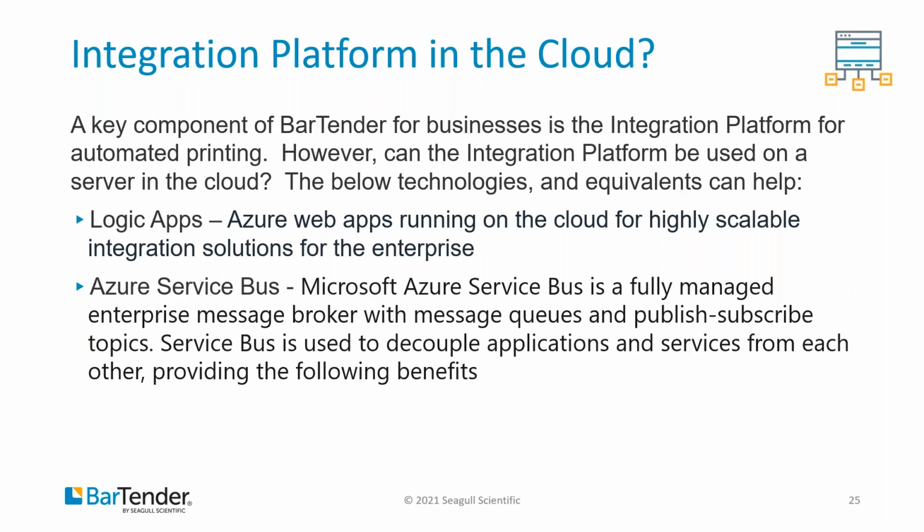Technologies such as Service Bus can help with the connectivity to do that. Service Bus and its equivalent technologies from other providers, but it's not an out-of-the-box solution that the integration platform can currently give. Of course, this is a key area that we are very much interested in and looking to provide solutions for in the future.